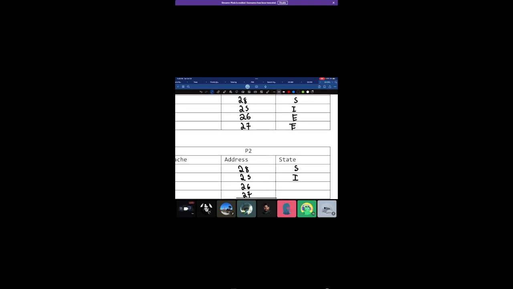Part D, we are talking about address 32 on processor 1, and we see we don't have address 32. Right? We don't have it in either cache. Processor 2, we could immediately just rewrite our stuff. Now, what is 32 mod 4? 0.